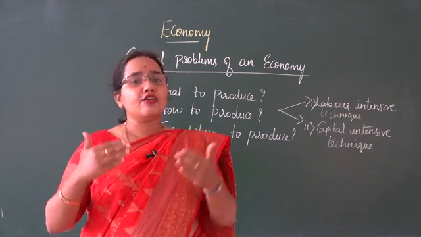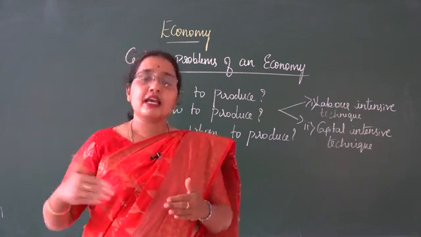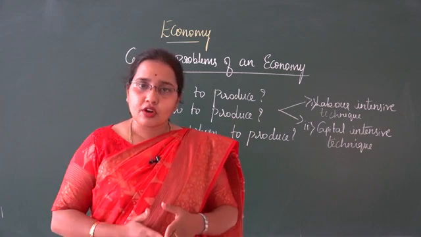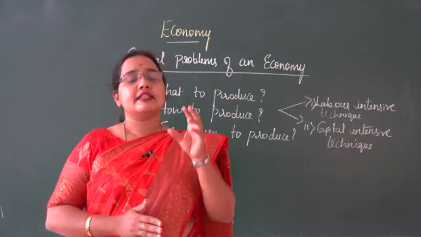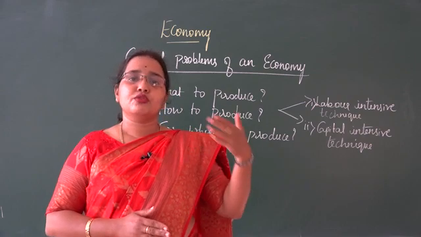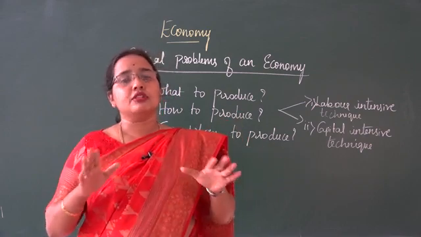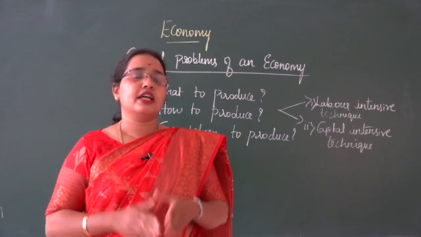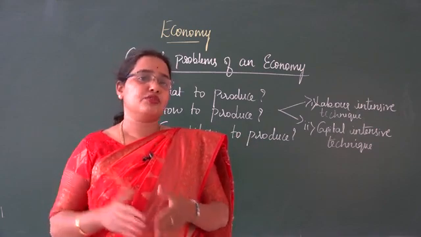Here, the standard of living of the people should be enhanced, as well as the growth rate of the economy should also be increased. In such a manner, the mechanism is to be adopted in order to distribute goods and services among different sections of the society, and this is the problem of distribution.